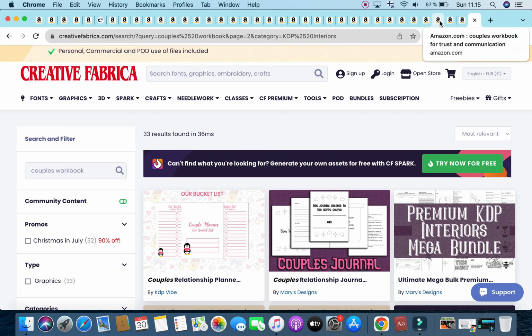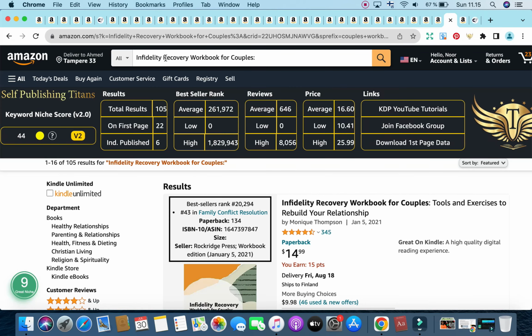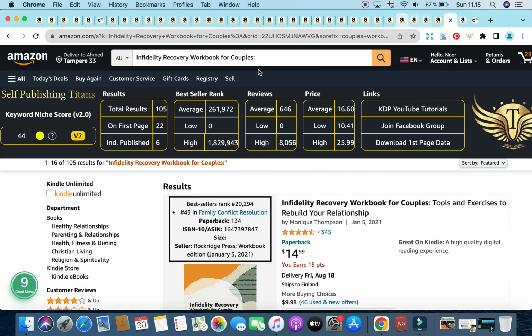Now let's head over to the second keyword for the day, and the second keyword is connected. It is infidelity recovery workbook for couples, and we have included the word recovery. You could use Infidelity Workbook for Couples as your title, and then use Infidelity Recovery Workbook for Couples as one of your 7 keyword slots, so that your book ranks for both keywords.